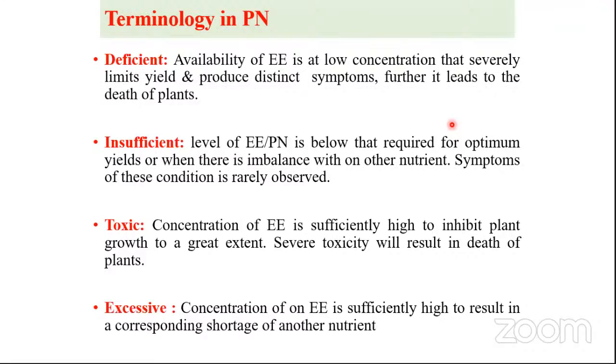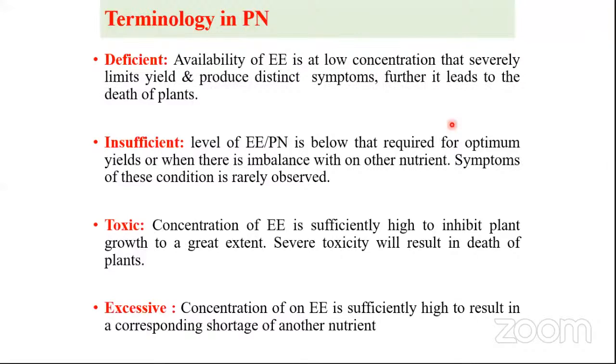It is a low concentration that limits yield and produces distinct symptoms. The availability of nutrients is very less, which further leads to the death of the plant. Naturally, in deficit conditions, nutrient availability and use efficiency are very low, yield will be reduced, with some distinct symptoms. That is called deficit.